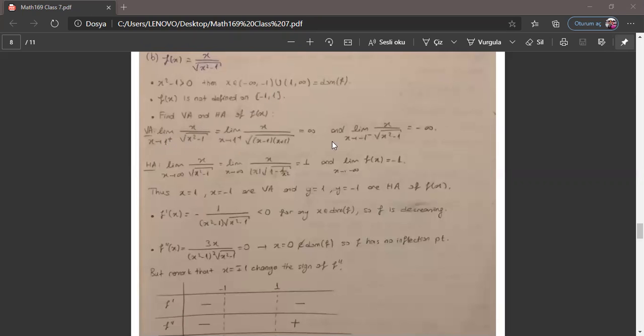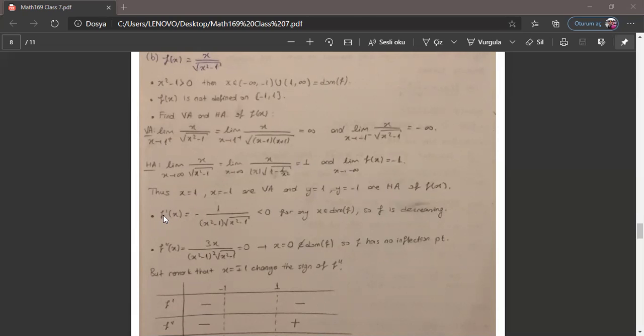We only compute that, and similarly we only compute this one too. So we find the limits as x goes to plus and minus infinity. For horizontal asymptotes, we need to compute the limit when x is approaching infinity and minus infinity, and we get 1 and minus 1, okay? So these are vertical asymptotes, and y equals 1 and y equals minus 1 are horizontal asymptotes, as we found there.